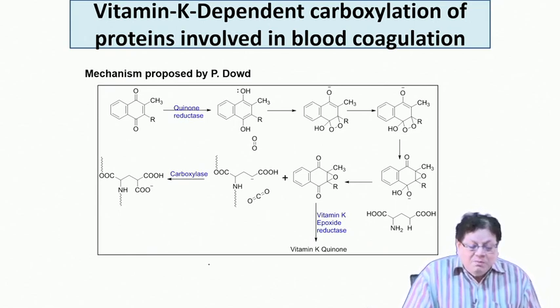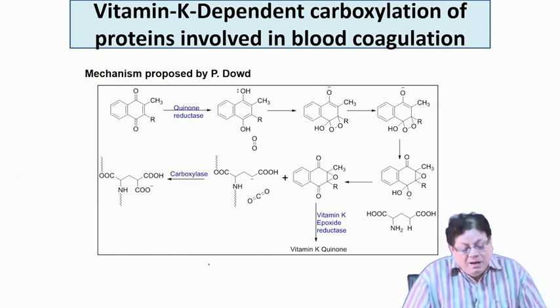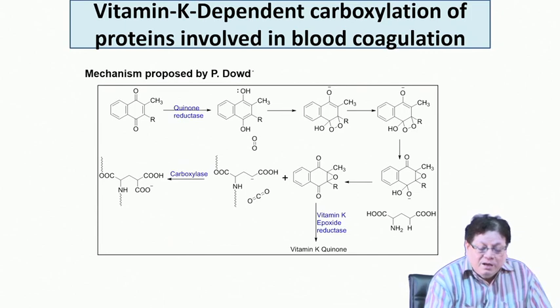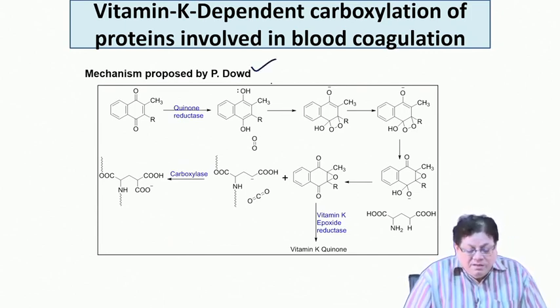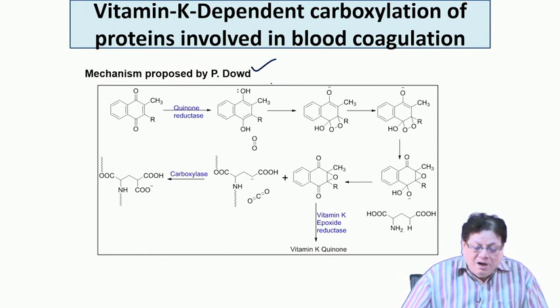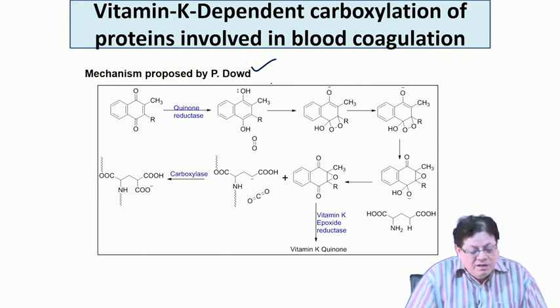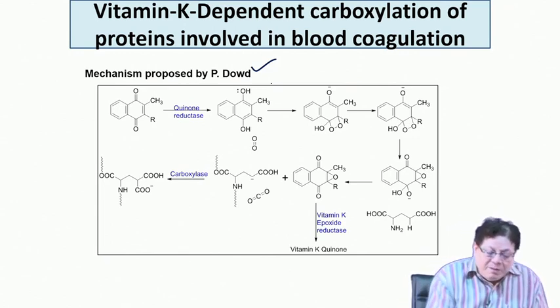The most accepted mechanism is the one proposed by Paul Dowd, a famous organic chemist, and there are a lot of proofs and many evidences to show that this mechanism is possibly the correct one. So, what happens here?